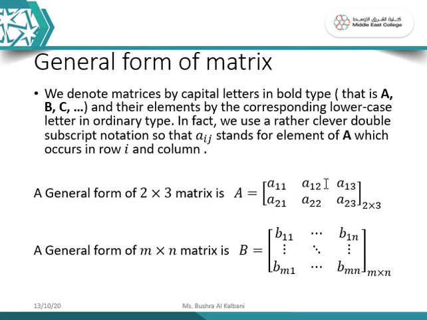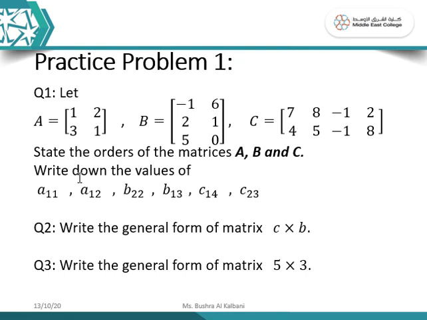That means you have to know the place of each element. This element is in the second row, second column. This is the general form of the matrix, where M is the number of rows and N is the number of columns.